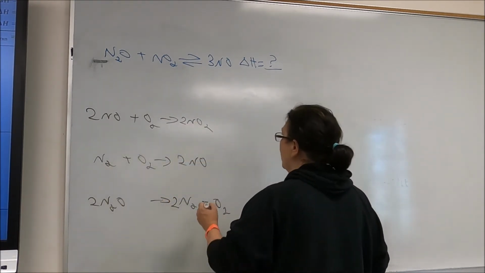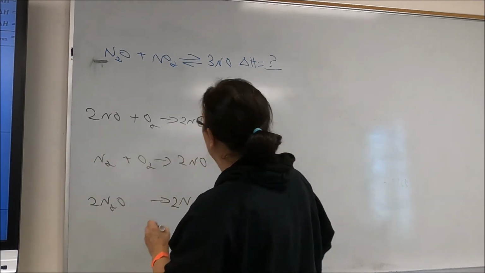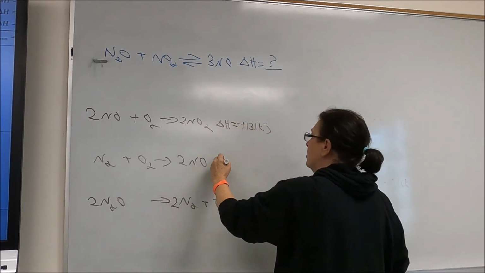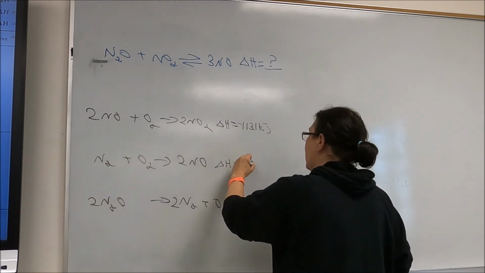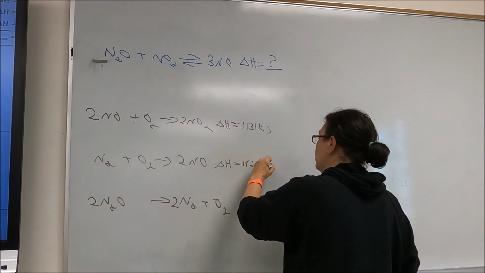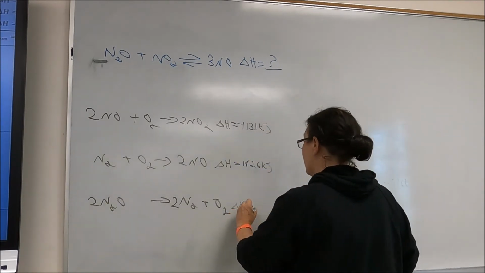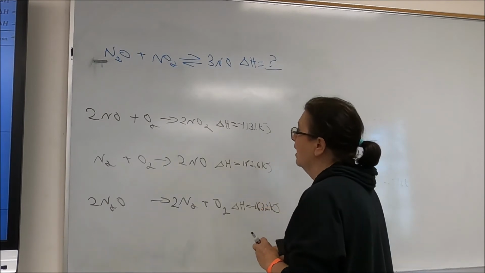I think I see where I made a mistake. My delta H for the first one is minus 113.1 kilojoules. My delta H for the second one is 182.6 kilojoules. Delta H for the last one is minus 163.2 kilojoules. Okay.